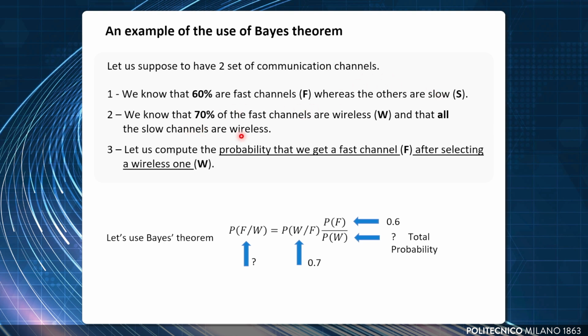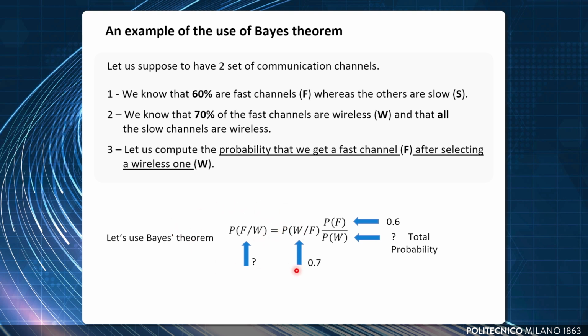We know that 70% of the fast channels are wireless, we indicate that with W, and all the slow channels are wireless. We want to compute the probability that we get a fast channel, F, after selecting a wireless one, W. In formulas, we have to compute this conditional probability: the probability of a fast channel given a wireless channel.